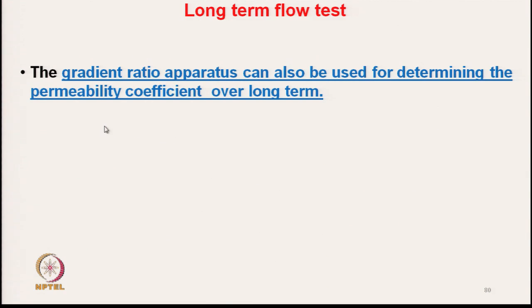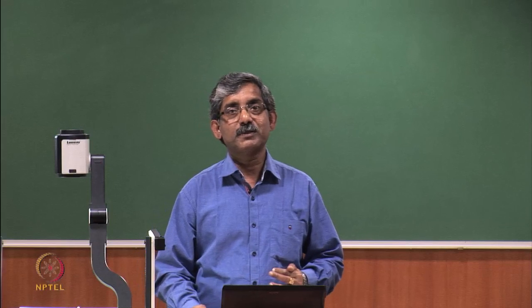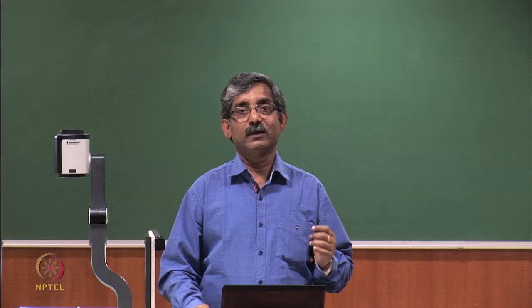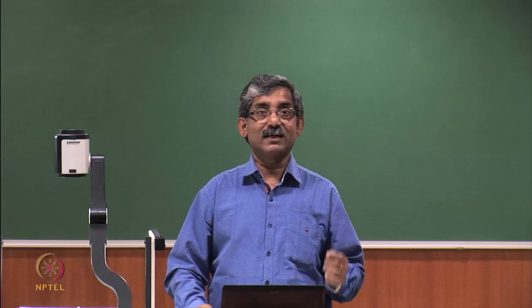The gradient ratio apparatus can also be used for determining the permeability coefficient over a long time. So, after stabilization we can measure the permeability coefficient. Flow rates can be determined after establishing steady state condition.